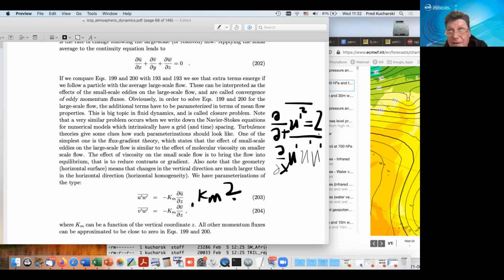Now, the problem is that this Km term, this diffusion coefficient, we call this the momentum diffusion coefficient, we cannot derive this from first principles.